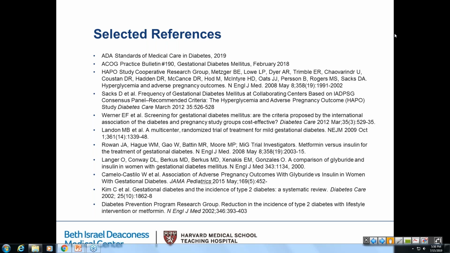So if you do a glucose tolerance test early, you do a 50-gram glucose load and it's abnormal, and then you get a 3-hour glucose test and that's normal, I would not repeat the 50-gram. I do think that it's also problematic when people get screened at 18 weeks or 20 weeks, but then don't get repeat screening if it's negative.